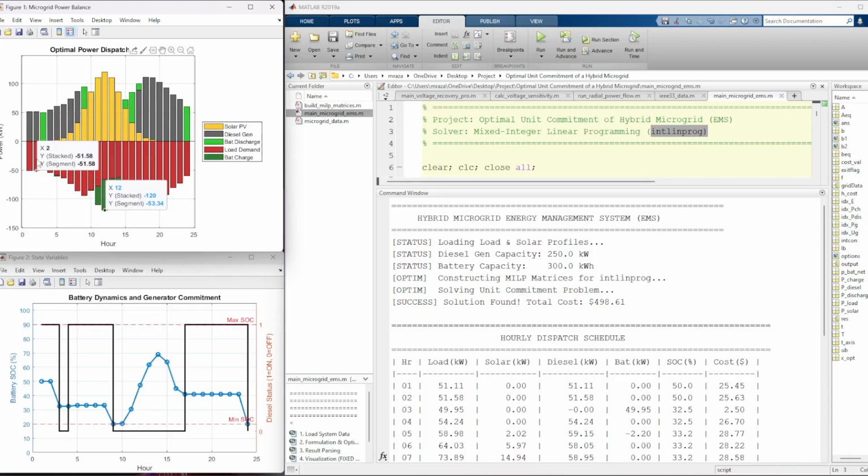In the early morning our solar is not available, so we have to utilize the diesel generator, and similarly in the evening. These yellow bars in the middle of the day, at the highest level, represent our solar power, which goes up as we move into the afternoon, and then from noon to evening the bars go down.